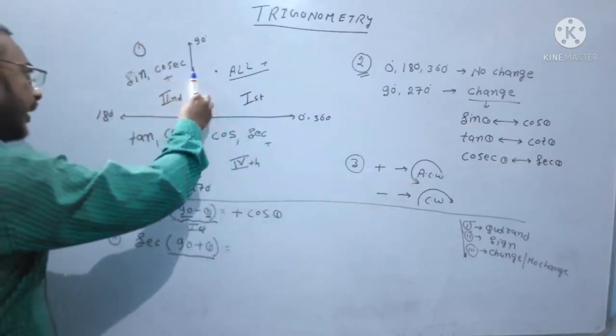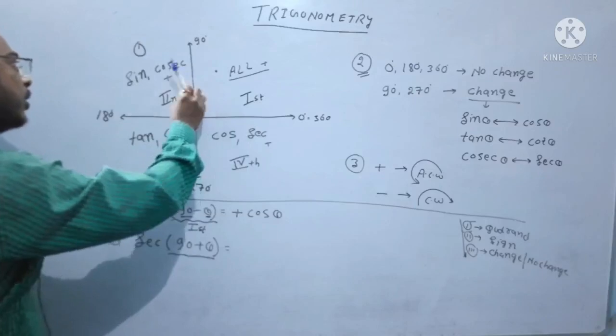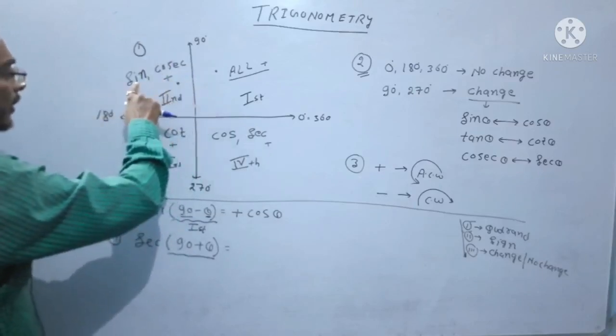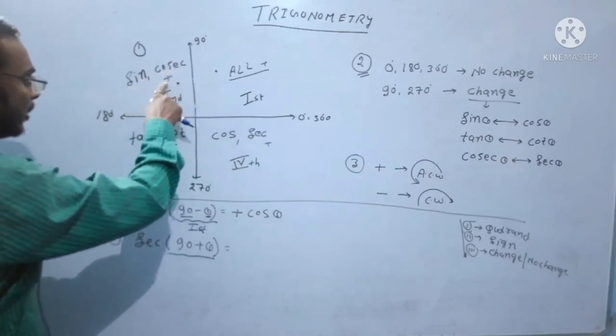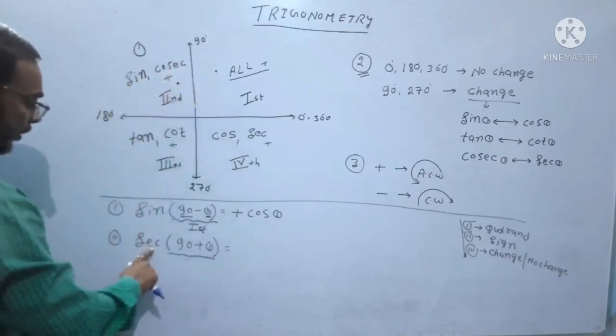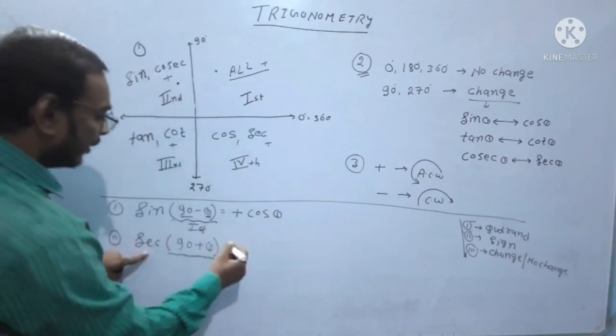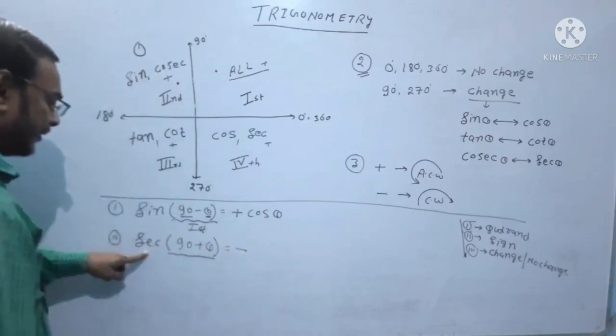So 90 and anti-clockwise movement, we reach the second quadrant. We see in the second quadrant sine and cosec are positive, the rest are negative. So here sine and cosec are not present, so here take a minus sign.